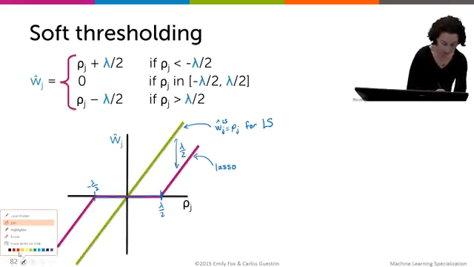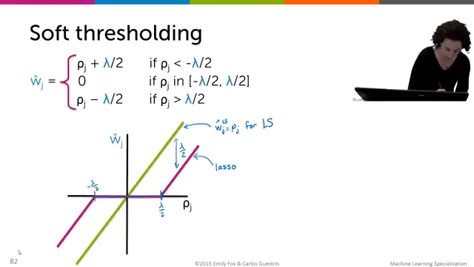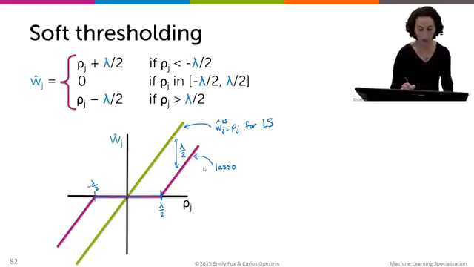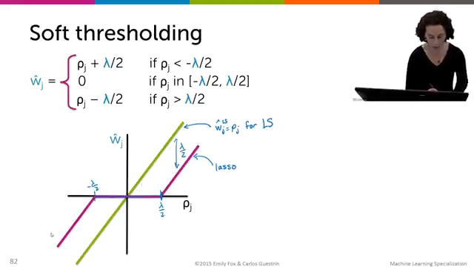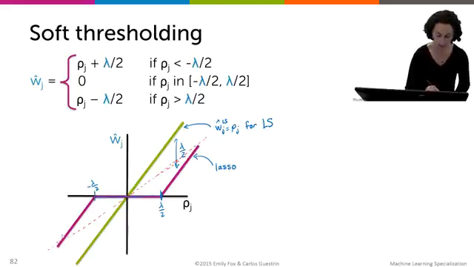And I just want to mention, to contrast with, let me choose a color that we don't have here. I guess red will work. I want to contrast with the ridge regression solution, where you can show, which we're not going to do here, that the ridge regression solution shrinks the coefficients everywhere, but never strictly to 0.